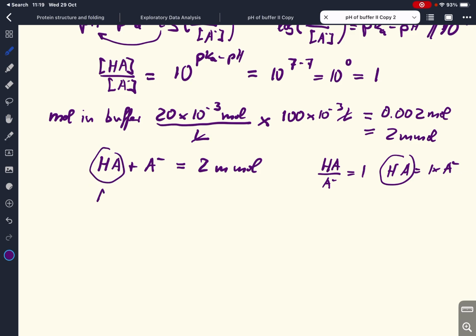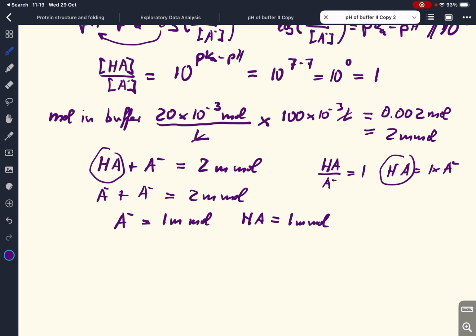So we've got A minus plus A minus equals 2 millimole, and for A minus, the amount of base, we've got 1 millimole, and likewise for the amount of the acid, we also have 1 millimole.